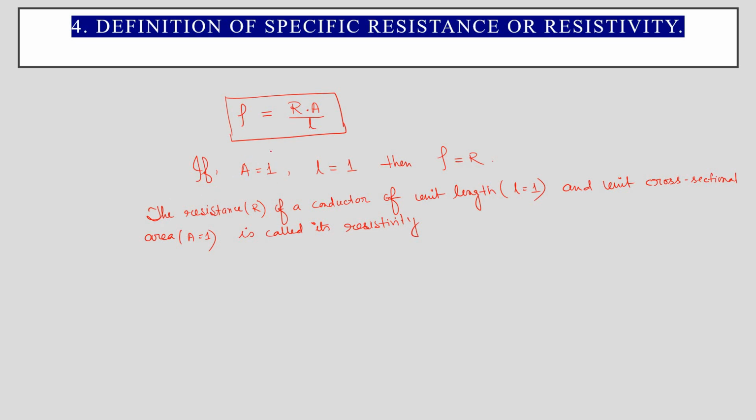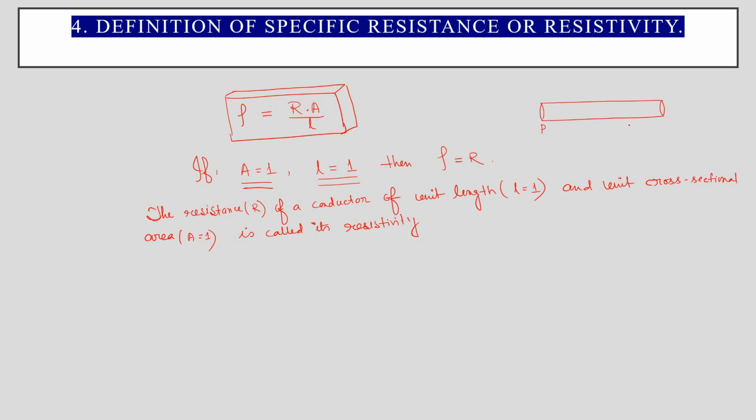Okay, so now we can define easily with the help of this expression rho equal to R A by L, the definition of the resistivity. Simply we will assume that we are considering a conductor of unit length and unit cross sectional area. So in our previous slide we showed a conductor PQ.